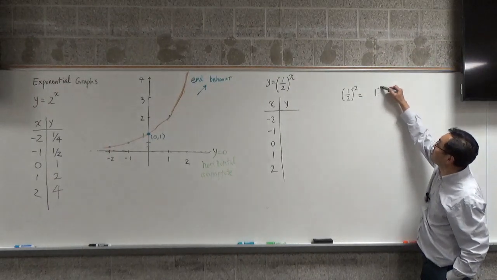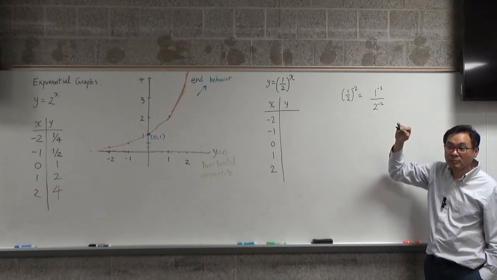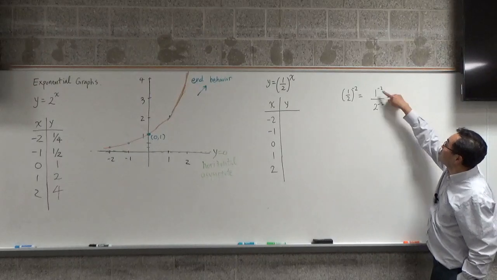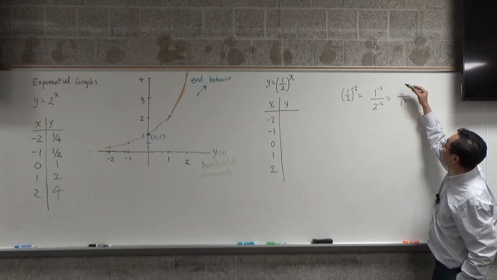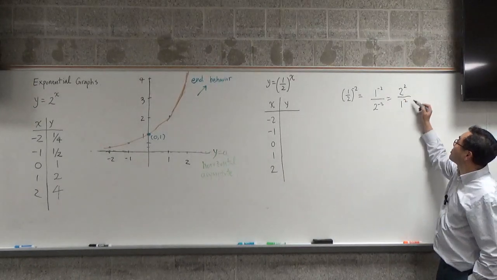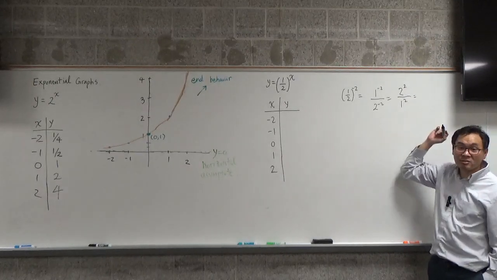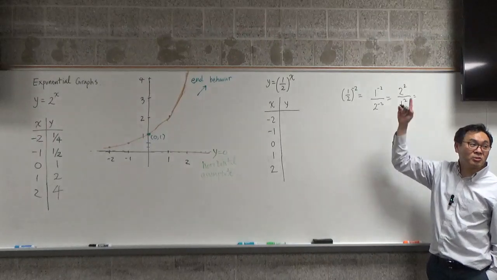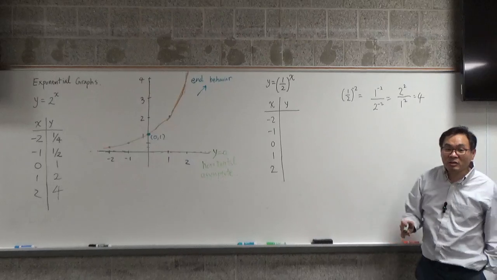So you have 1 to the -2 power, 2 to the -2 power, and then this goes downstairs in the basement. This goes above ground. So that's going to be equal to, what's 2 squared? 4. 1 squared is 1. So 4 divided by 1 is 4. So you get a 4. So that's one way to see it.